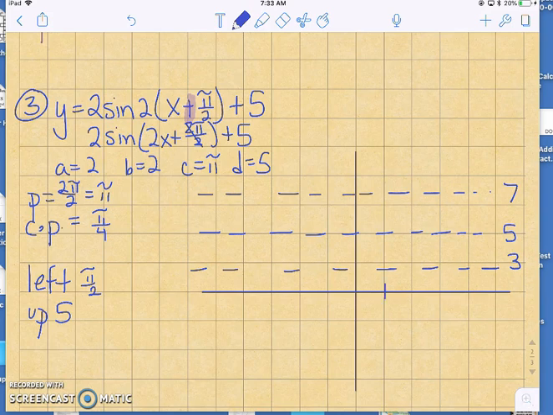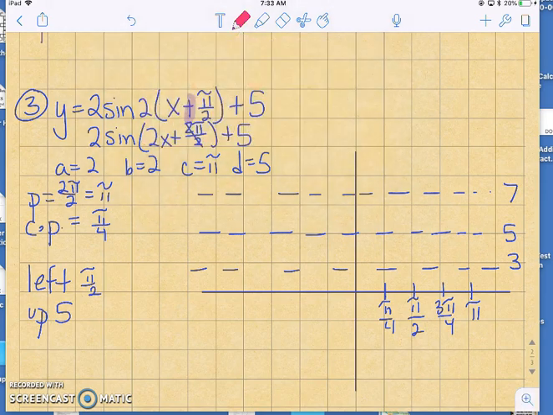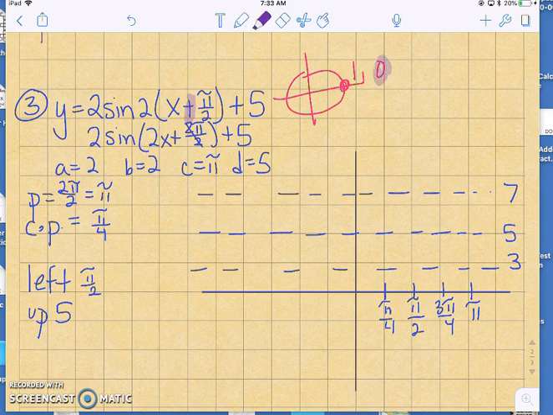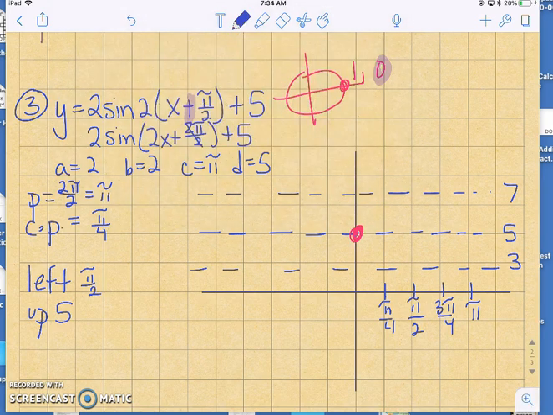Then we have our critical points, 1 pi over 4, 2 pi over 4, so pi over 2, 3 pi over 4, 4 pi over 4, which is pi. Now where does sine usually start? Sine, if I go back to the circle, 1, 0. Sine is the y value, so sine starts at 0. Sine starts at the center line because it's usually at 0, but it's shifted up, so it'll start at 5. But we have to move this one to the left pi over 2.